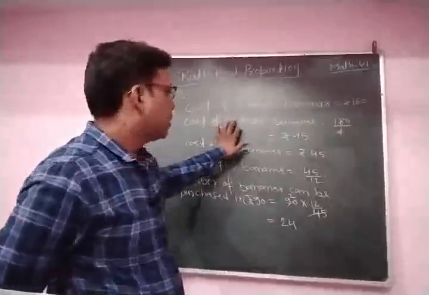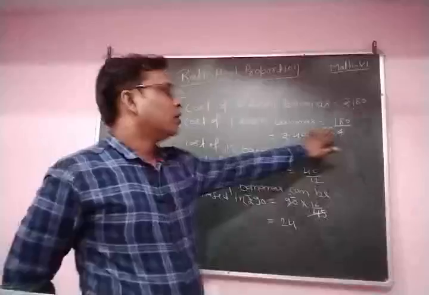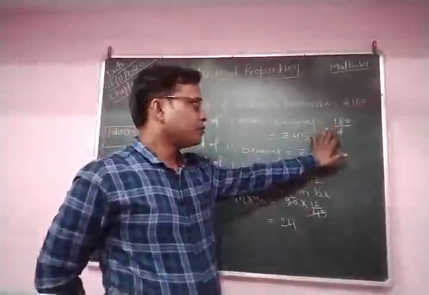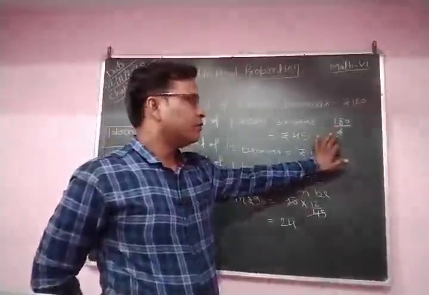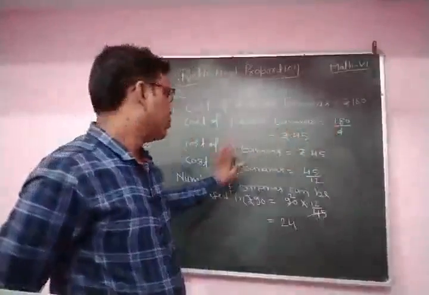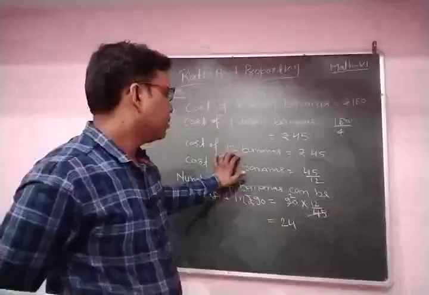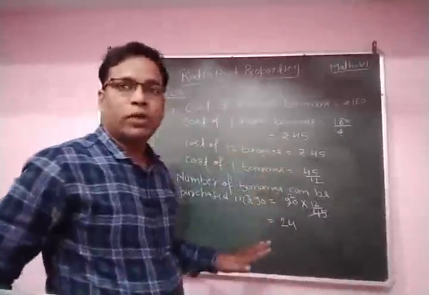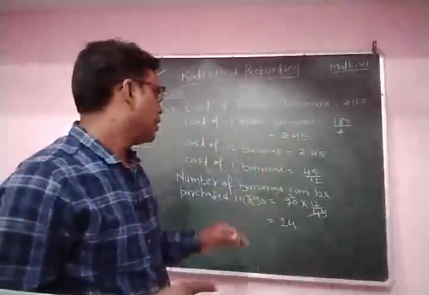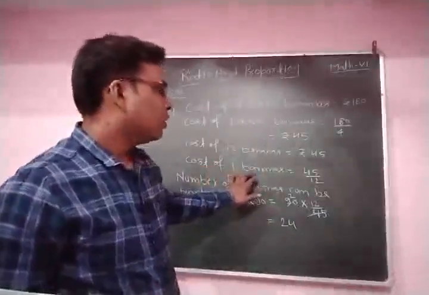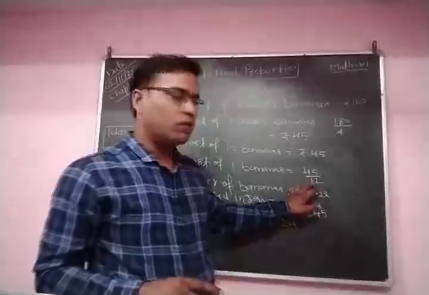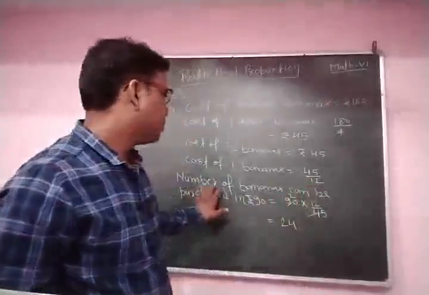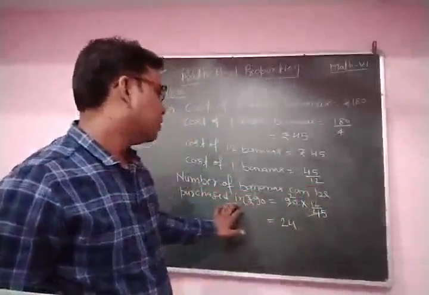So the cost of one dozen is equal to 180 by 4, which is equal to 45. So this is the cost of 12 banana because you know very well 1 dozen is equal to 12 banana. So the cost of one banana is equal to 45 by 12.